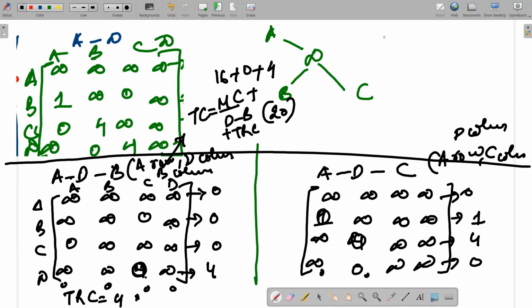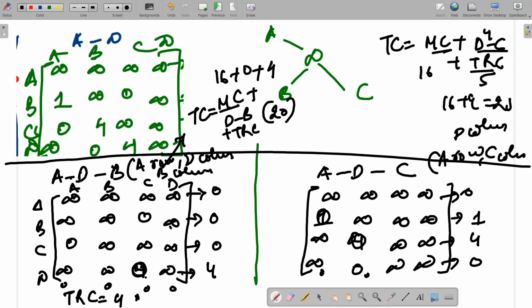So for the total cost, we calculate minimum cost plus D to C cost plus total reduction cost. This is 16, this is 5, and D to C cost is 4. So this is 16 plus 9, which is 25. So obviously, I will choose the cheaper cost, which is this part.